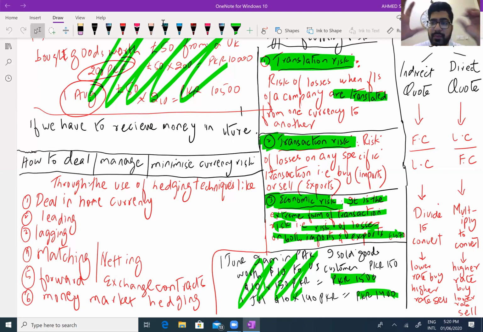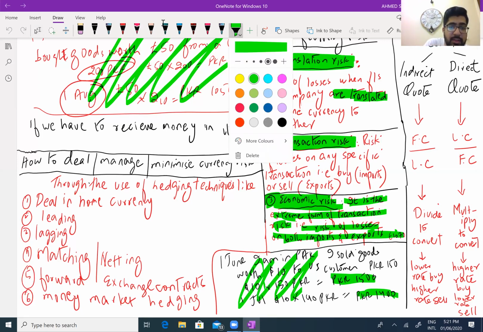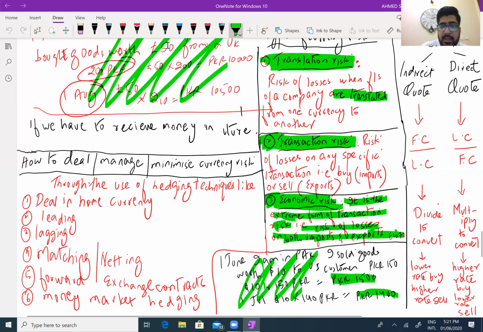Whenever you receive, there is always a risk that rates may go down. However, we have to study how to deal with, manage, or minimize currency risk. That's what we are here for. We have to study risk management, not just tell you what the risk is and what the three types are.